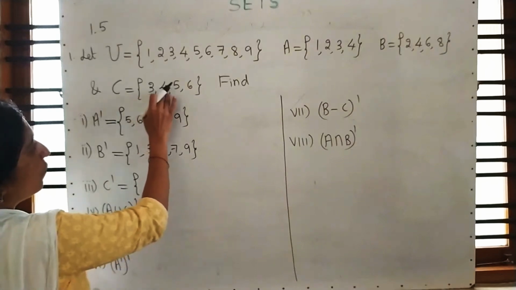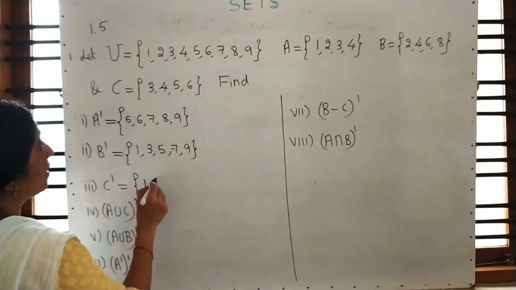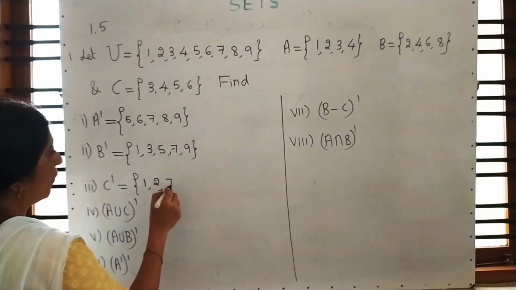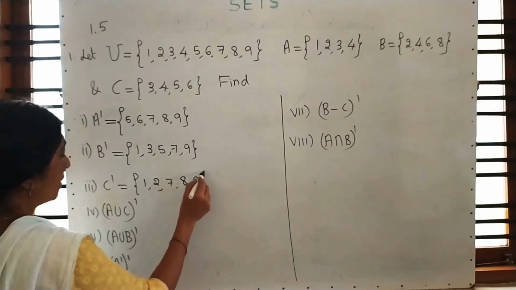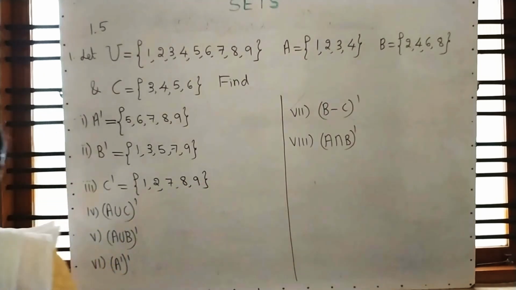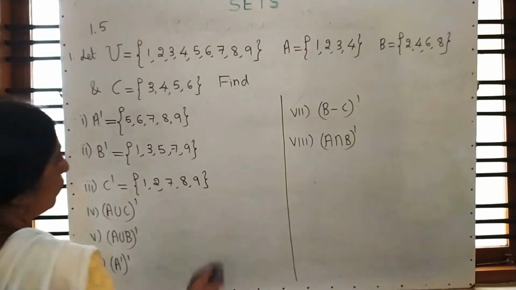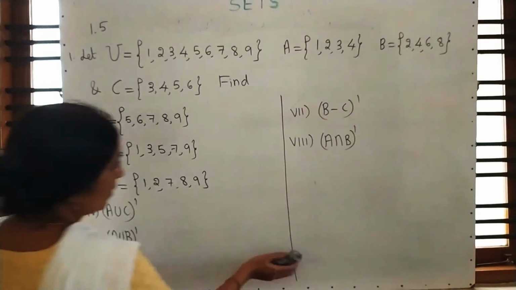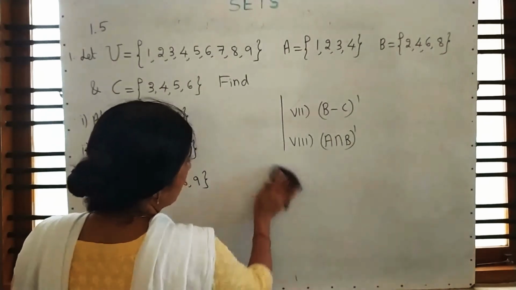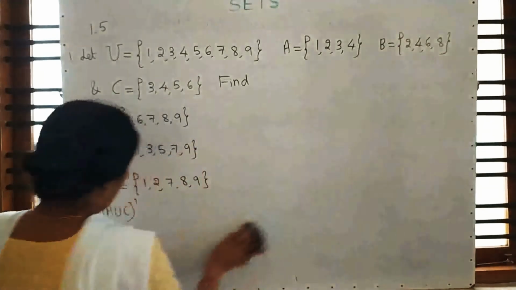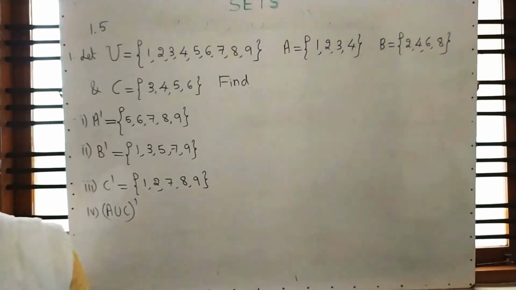Don't write 3, 4, 5, 6. It is 1, 2, 7, 8, 9. Understood? So like this we are writing the complement of the sets. Now moving to the next questions. I wrote all the questions, but now I will solve them one by one.